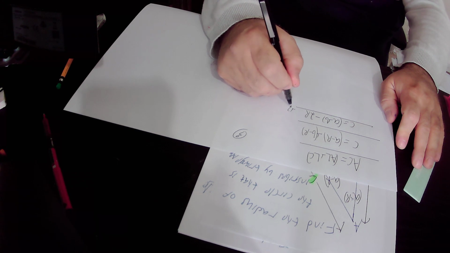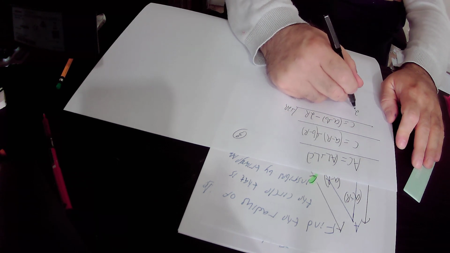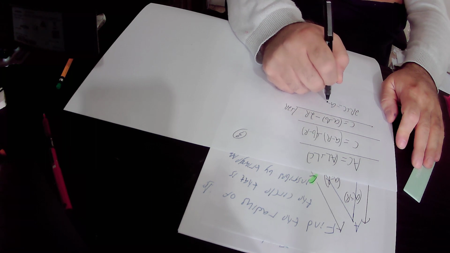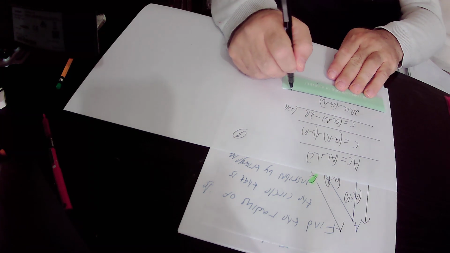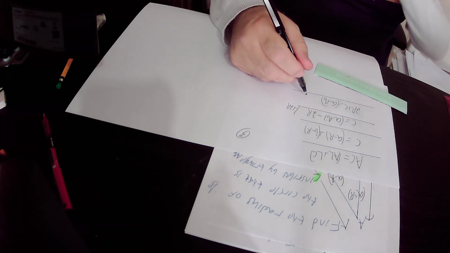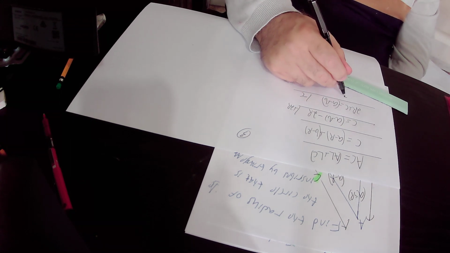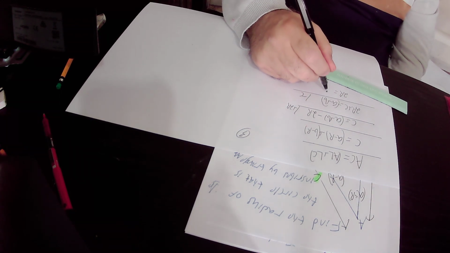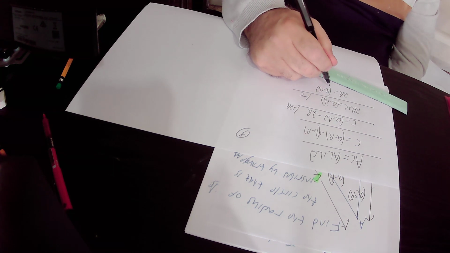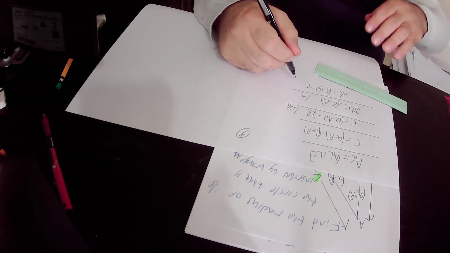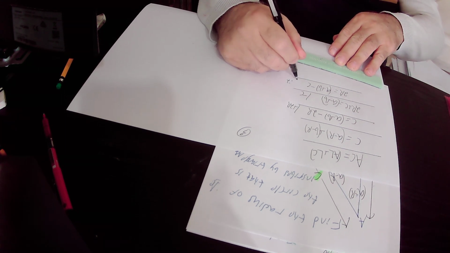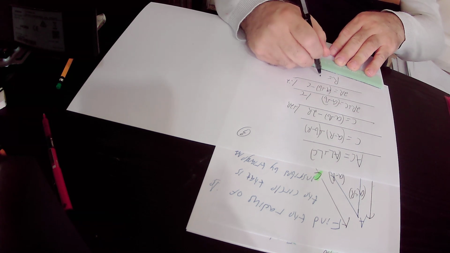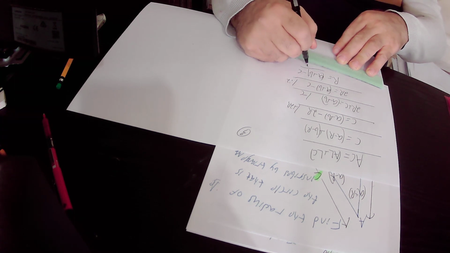Here we add 2R to this equation and we get that 2R plus C equals A plus B. Here we subtract C from this equation and we get that 2R equals A plus B minus C. Here we divide this equation by 2 and we get that R, the radius that we are looking for, is equal to A plus B minus C over 2.